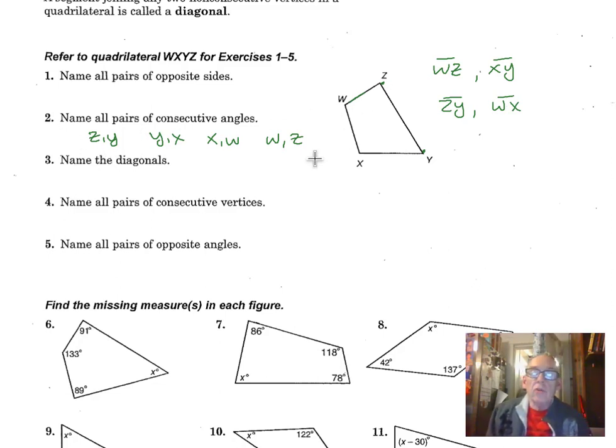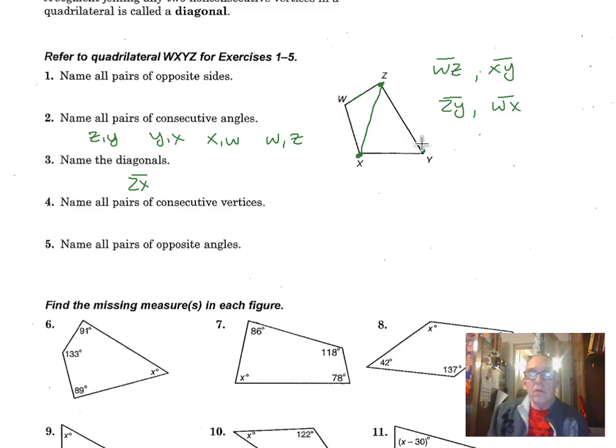Now, diagonals go between non-consecutive angles. Those are consecutive angles, by the way. So if we take Z, skip the next consecutive angle, and then go to the next one, which is the first non-consecutive angle, and connect those together, we have what we call a diagonal. So ZX is a diagonal.